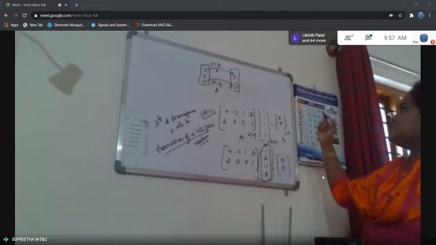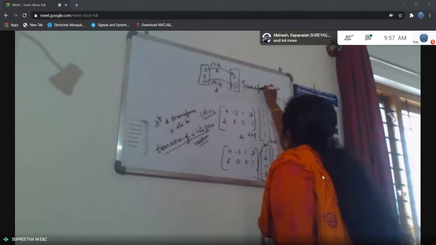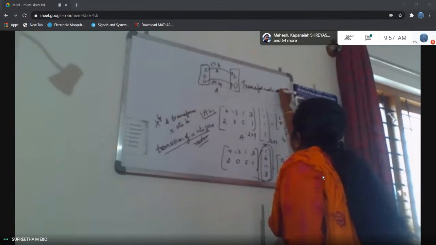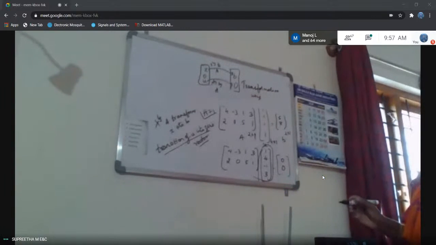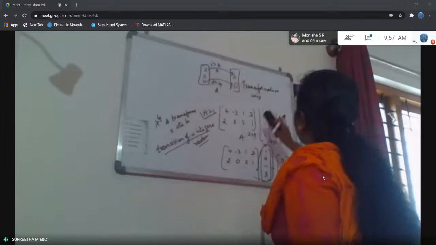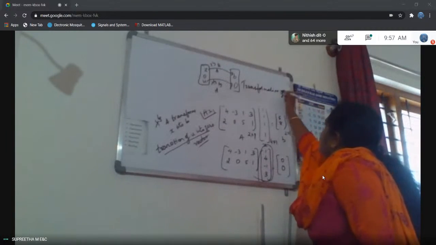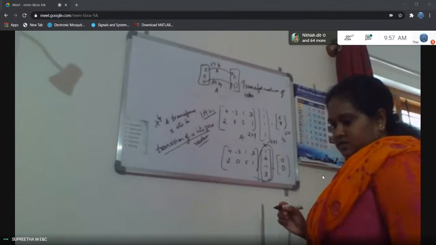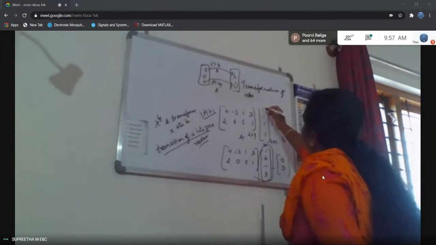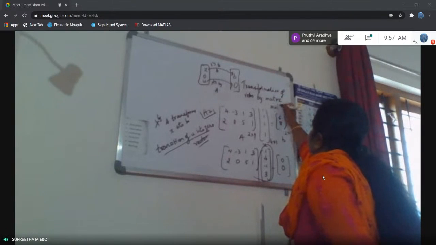So this is nothing but my transformation of vectors by matrix multiplication.